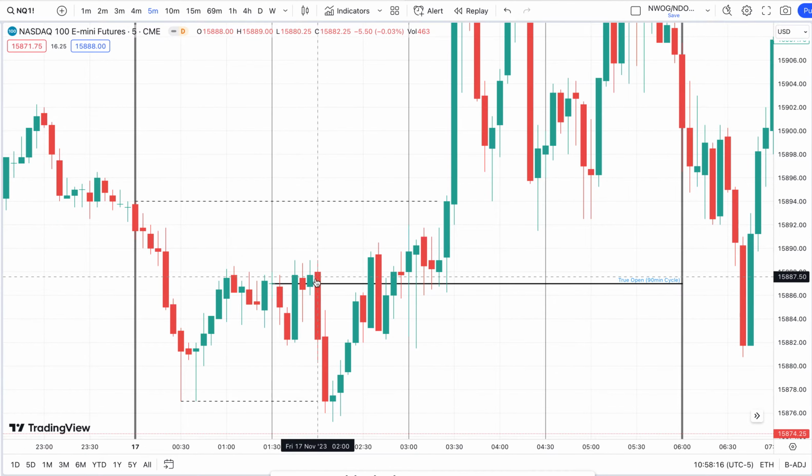Now you have a run down, bigger run down. This is all in the 5-minute chart. And now as soon as there's this fair value gap, this becomes an order block after the high is taken.